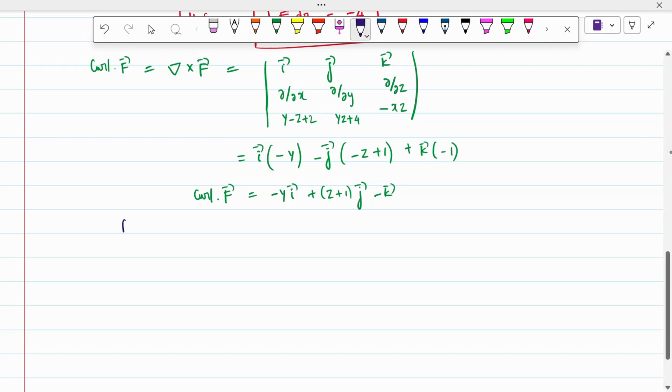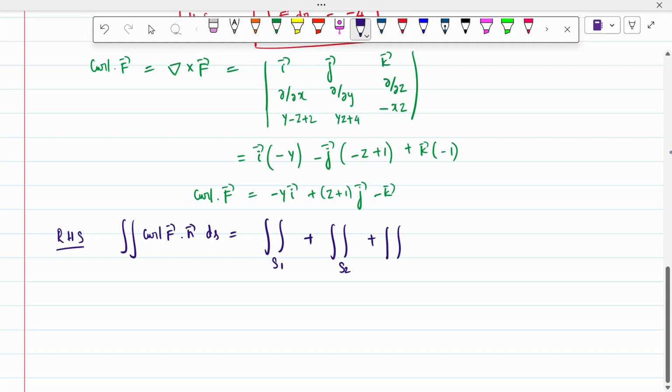Now the right hand side we have to do: double integral over curl F dot n dS. That is nothing but surface 1, the same formula, you should not disturb it, plus surface 2 plus surface 3 plus surface 4 plus surface 5.